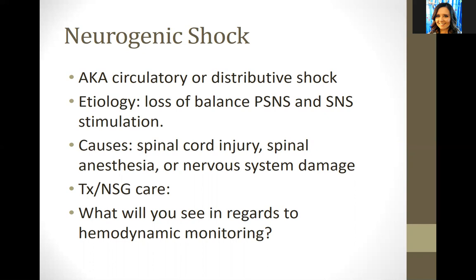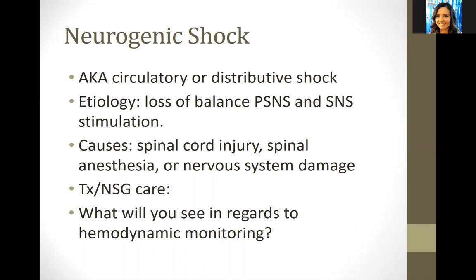Since we have this overwhelming vasodilation, we have pooling of blood in the periphery. So these patients, instead of looking cool and clammy, are going to be dry, warm, and pink. Their pulses are going to be bounding, because instead of shunting blood, they're vasodilated.